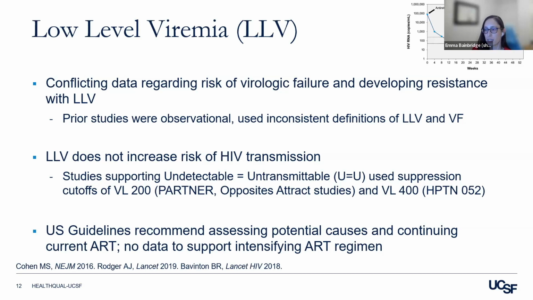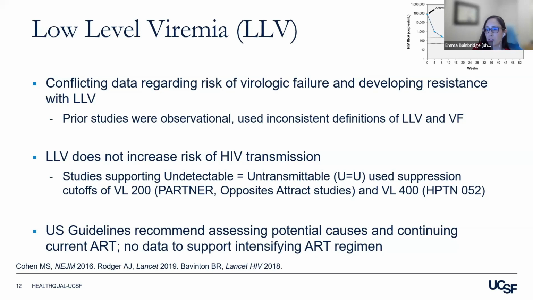So there were two studies, the PARTNER study and the Opposites Attract study, that used a viral load of 200 for viral suppression. And then there was another one, the HPTN 052 study, that used 400. And in those studies, the patients were considered suppressed and they did not transmit HIV to sexual partners. So that's very reassuring to us.